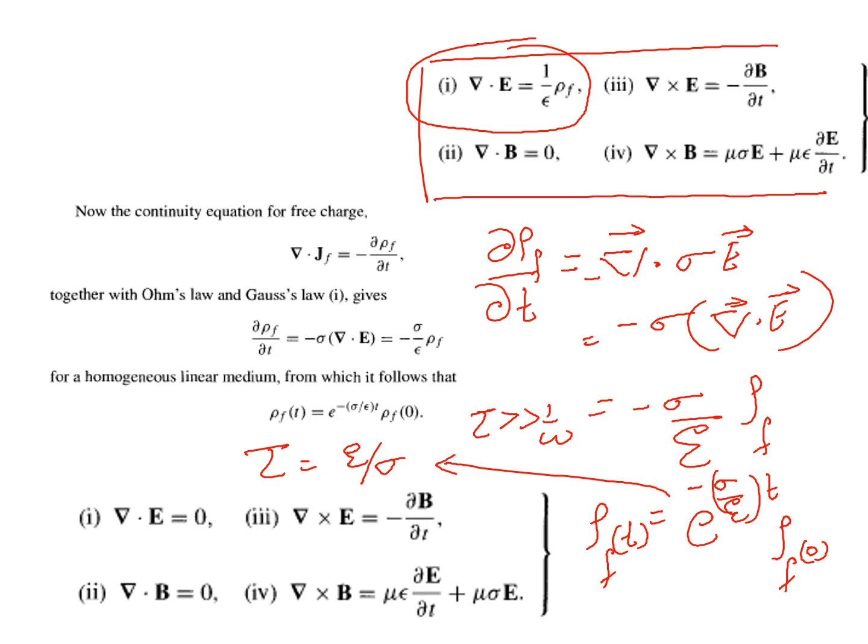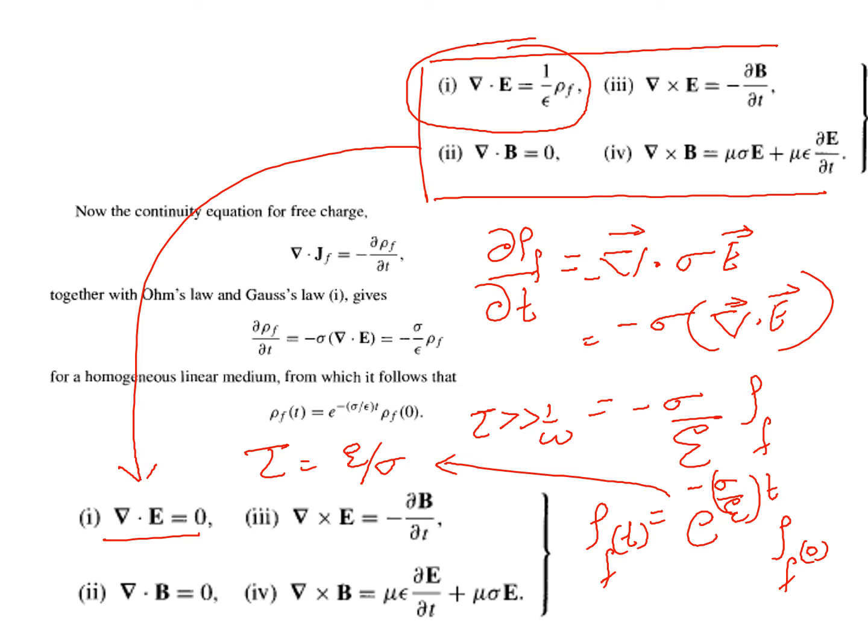At that instant, when the free charges inside become 0, we can rewrite the Maxwell's equations. Del dot E equal to 0. It was del dot E equal to rho f by epsilon. But as we discussed, in the case of a conductor, whether it is a perfect conductor or a good conductor, in a certain time duration the free charge inside becomes 0 as it moves to the edges.